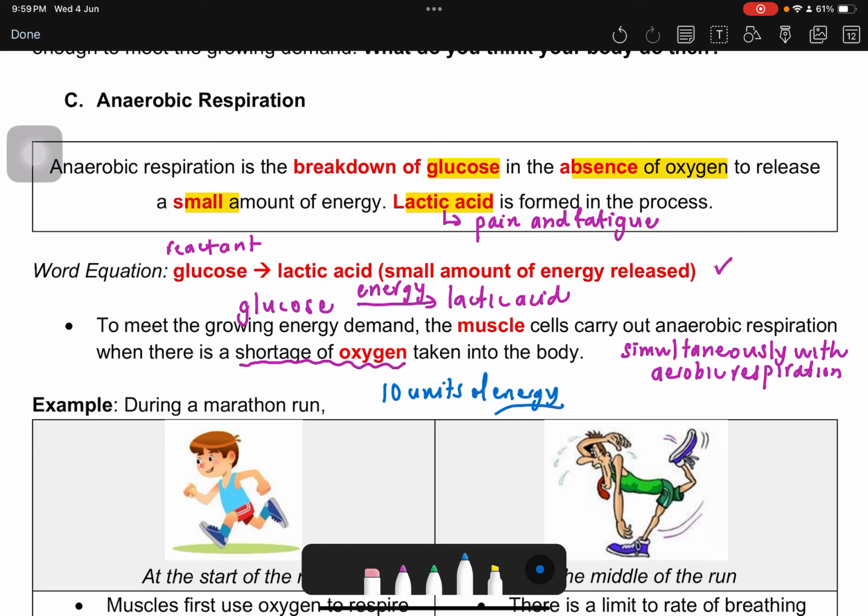This is from aerobic respiration. But let's say in a marathon, you need another few units of energy. You need a total of 12 units of energy, and this is where anaerobic respiration kicks in. So it happens simultaneously.